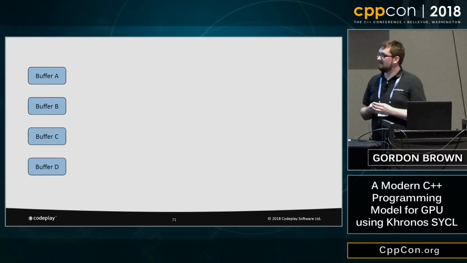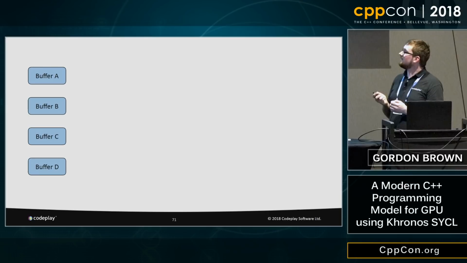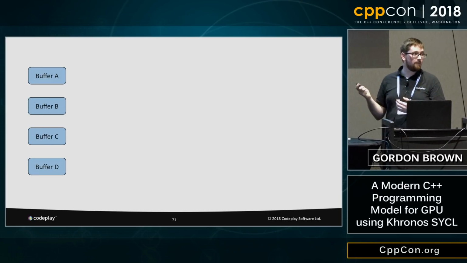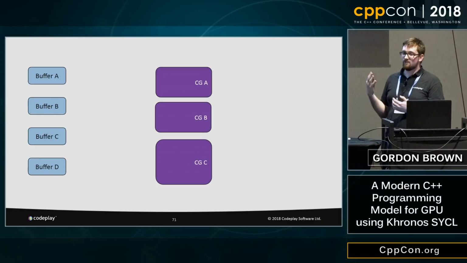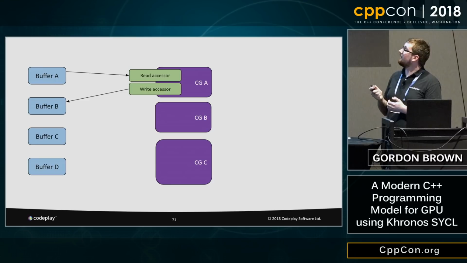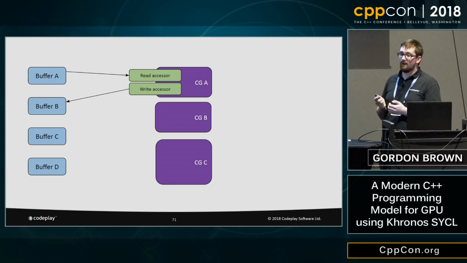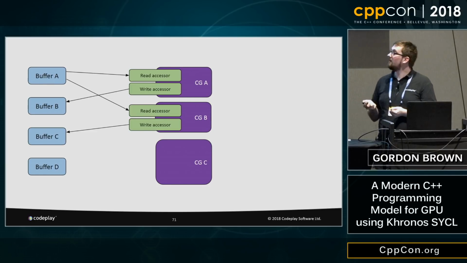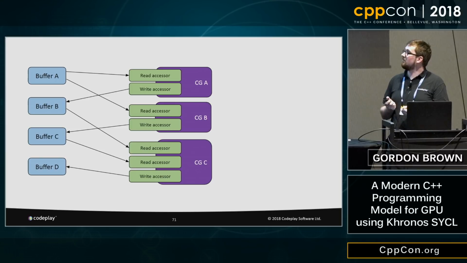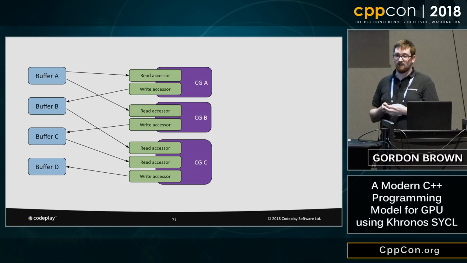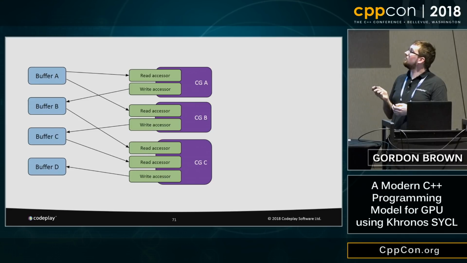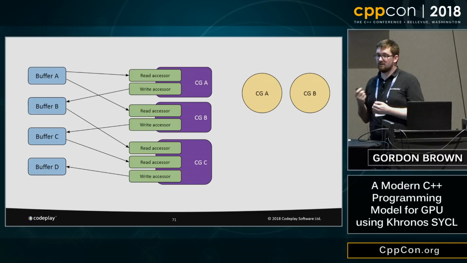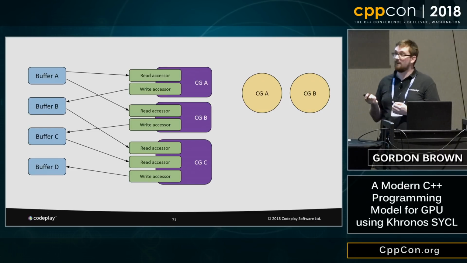So to give an example of how this data dependency management works, say you have 4 buffers, A, B, C, and D, and you have these 3 command groups. Each of these command groups executes a kernel, perhaps on a different device, perhaps on the same device, either way. The first command group reads from buffer A and writes back to buffer B. The second one also reads from buffer A, and writes back to buffer C. And the last one reads from the results in buffer B and buffer C, and then writes it back to buffer D. Now, you have 2 command groups both accessing the same buffer A, but because they're only reading from it, the SYCL runtime knows that they can be accessed concurrently because no one's modifying it.